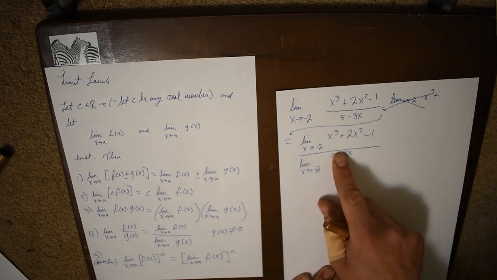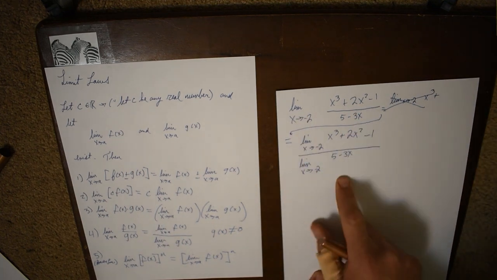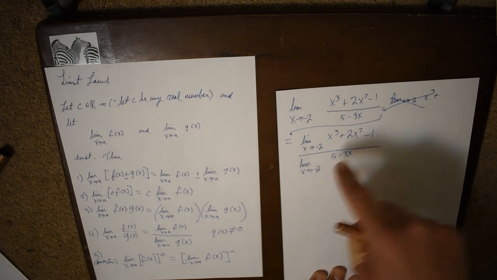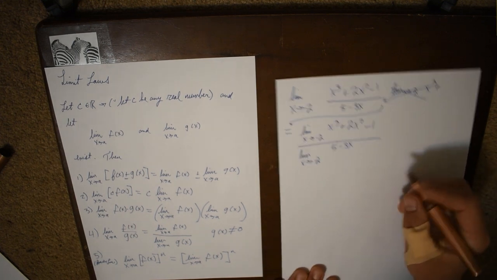So we took the limit of the quotient, turned it into a quotient of the limits. Now we're going to break everything up at addition and subtraction respectively.